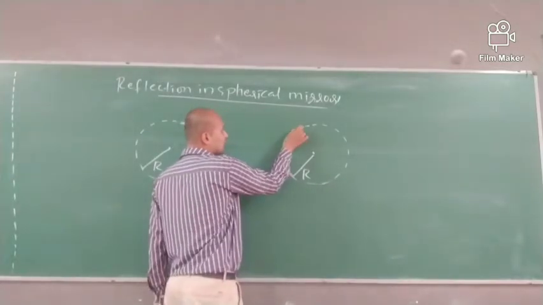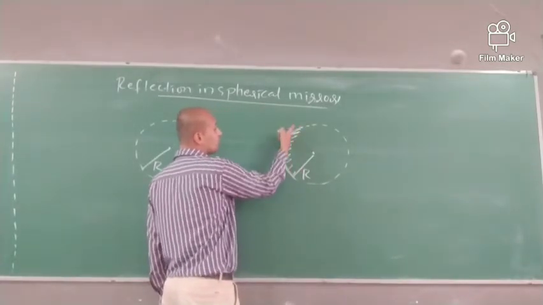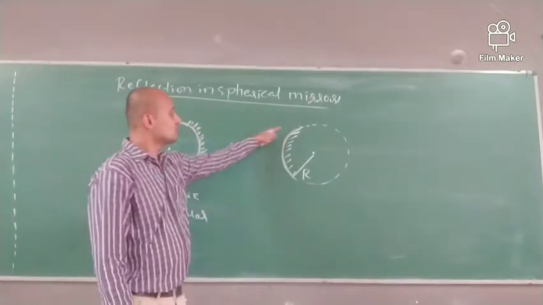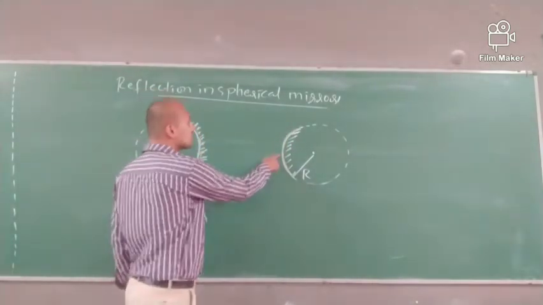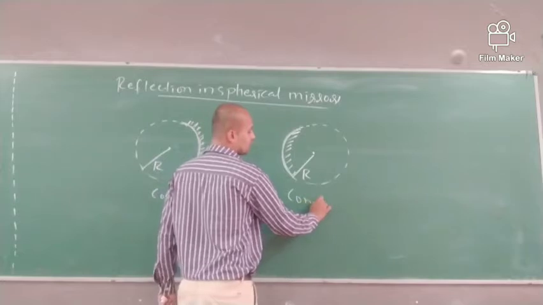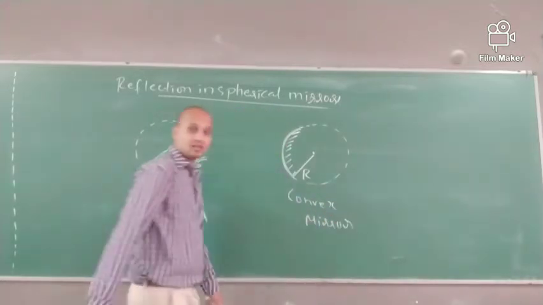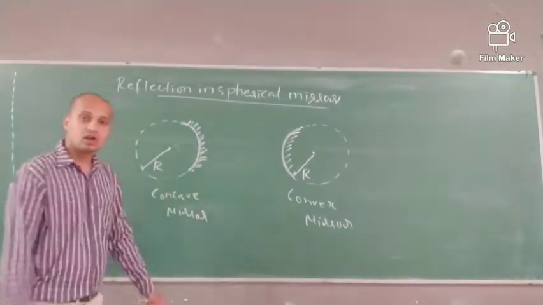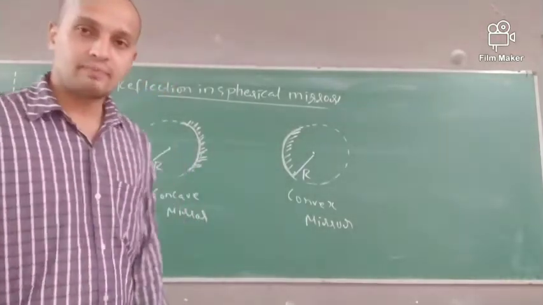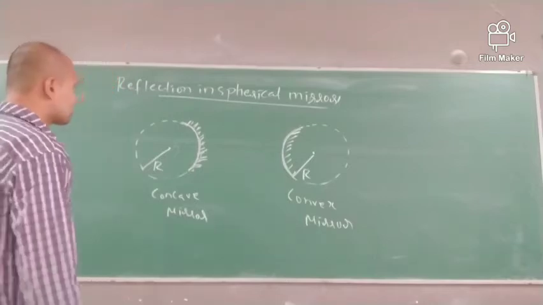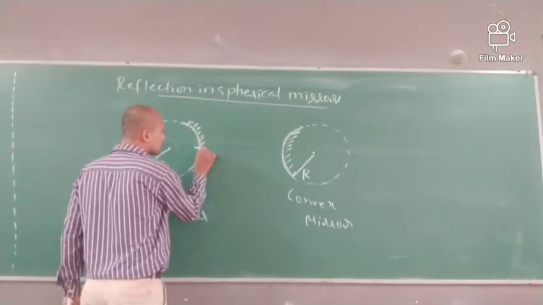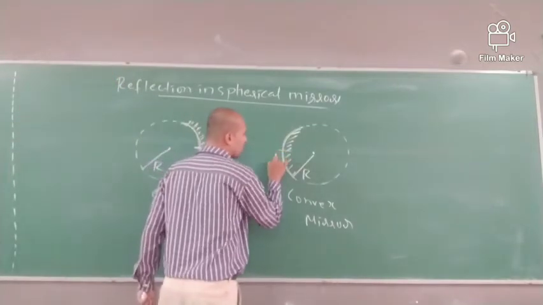If I do the polishing towards the outer surface, it will act as a reflective surface. This type of mirror we call a convex mirror. Some of the terms connected with spherical mirrors, as you already know, I will discuss very fast. First, P is the pole.